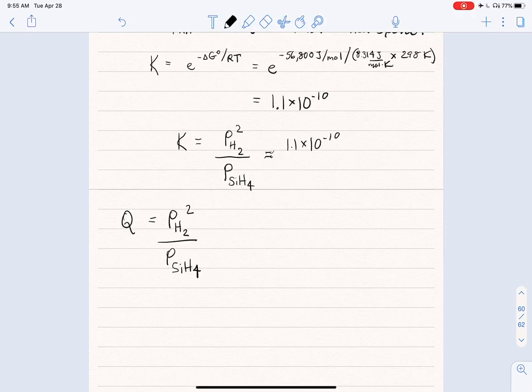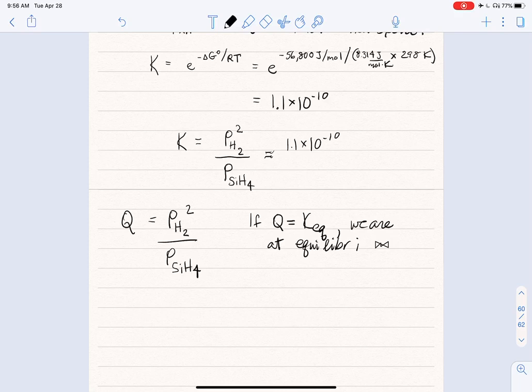Now, if Q is equal to K, we are at equilibrium. So basically, you have the equilibrium concentrations. When I say K eq, I mean K. So I don't mean to be confusing there.